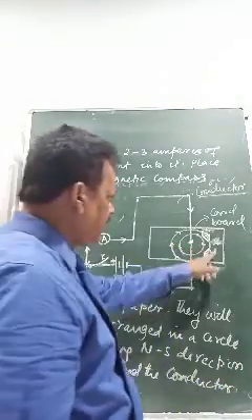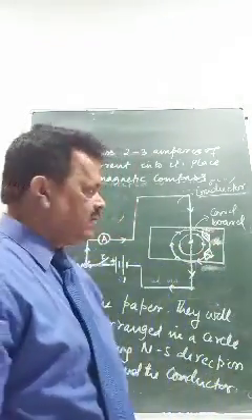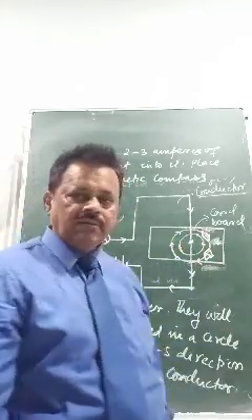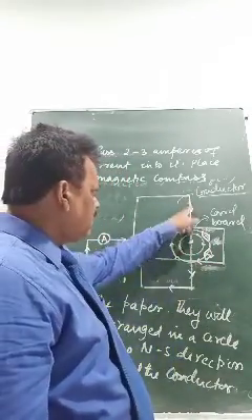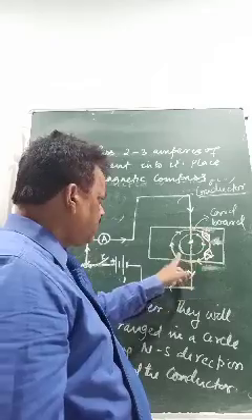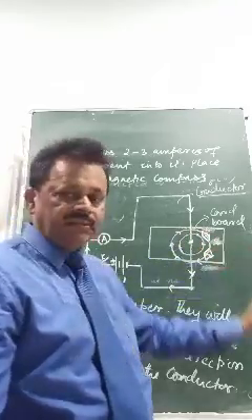So when magnetic field lines are there, that shows the strength of the magnet. That means the conductor behaves like a magnet which can form the magnetic field lines.